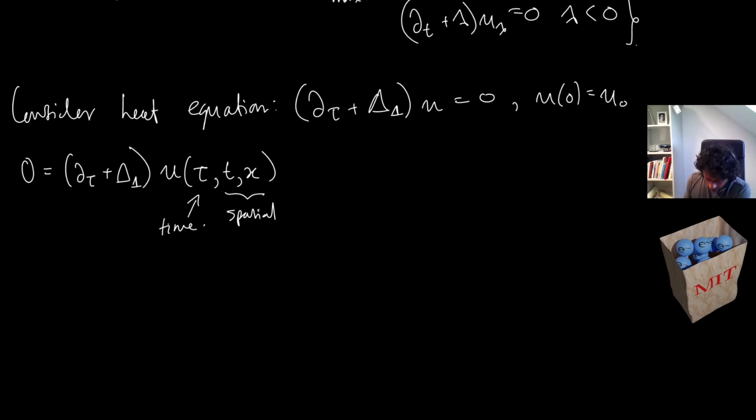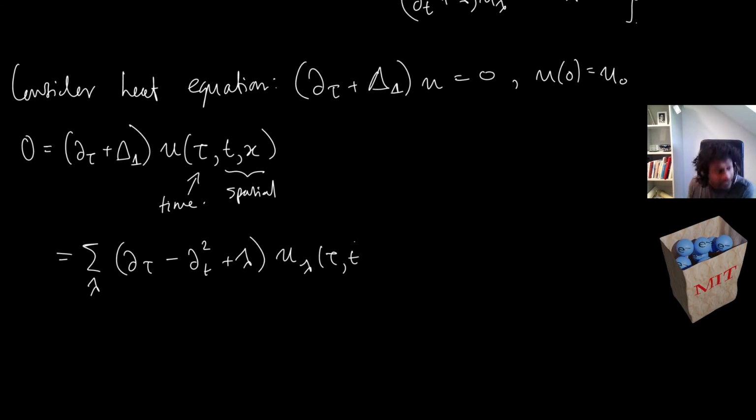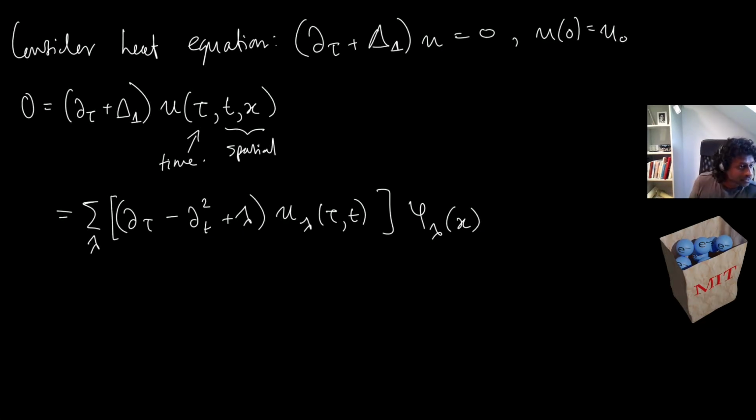All right, so let's expand this in terms of this equation. So what's this going to be? This is going to be the Fourier expansion: ∂_τ minus ∂_t² plus λ, and now we have an expansion here, u(τ, t) φ_λ(x). Okay, this is what we have. Good.